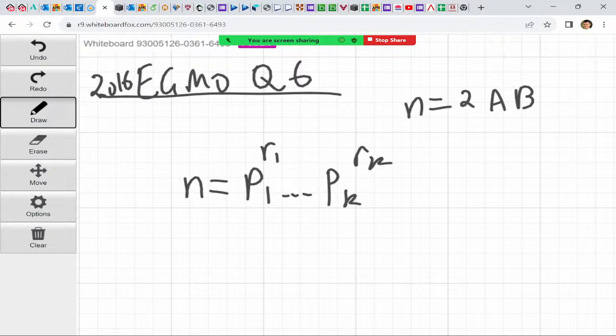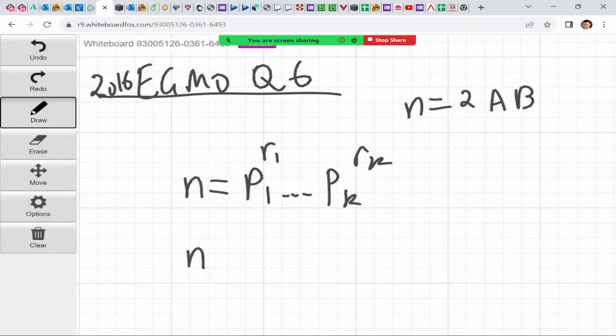And what we're trying to do is get N squared plus something, and we know that the other thing has to be a divisor of N squared. So we're basically doing something like this.